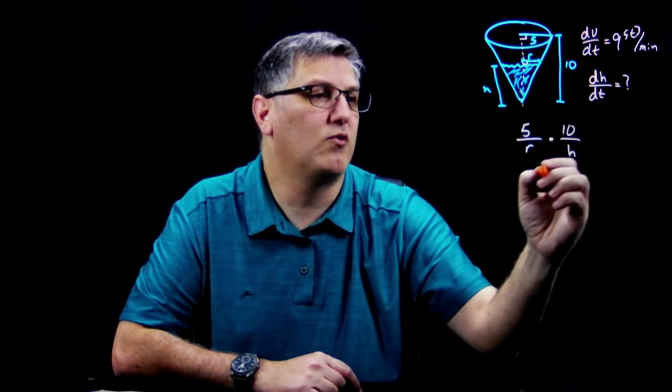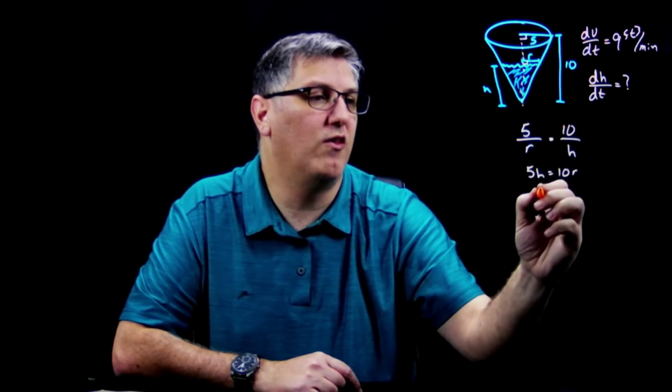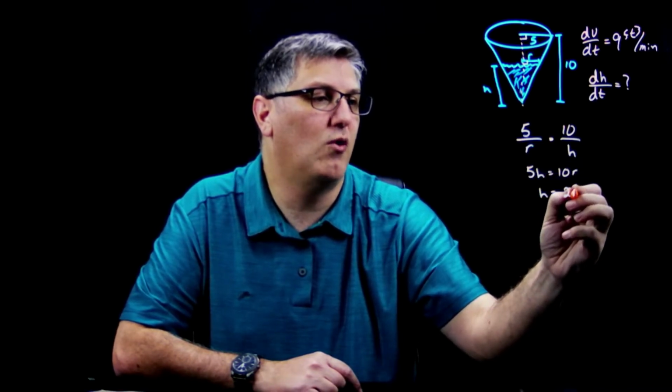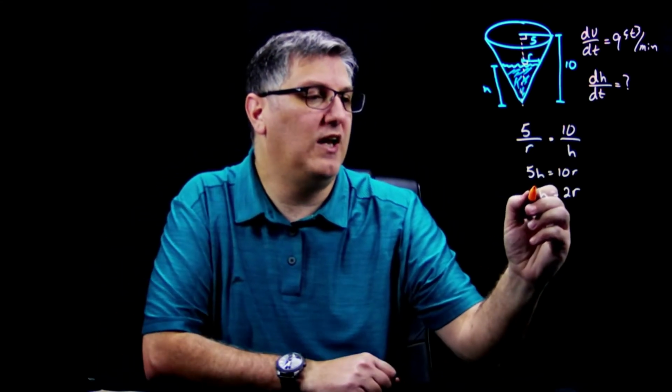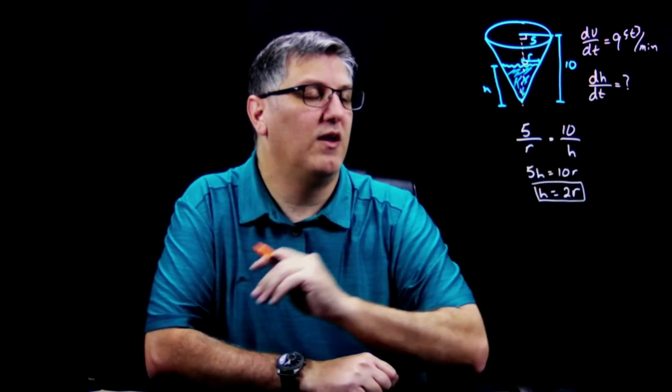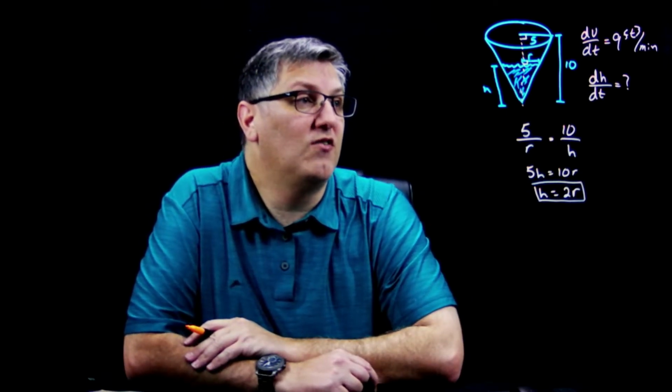Well, I can cross multiply these. I get 5h equals 10r. Therefore, we know h equals 2r by simplifying. All right. So this is going to be key as we solve this problem. We need to find the change of height over time, but I have a change of volume over time.